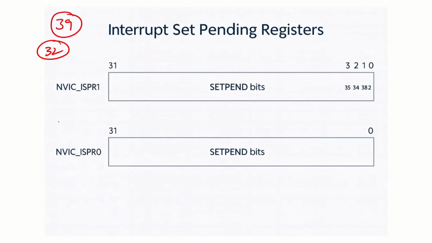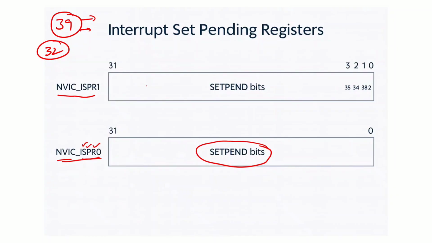Now see, this is NVIC ISPR0, interrupt set pending register 0. This will set the first 32 interrupts. Our IRQ number is 39, which means you can't configure this IRQ number in ISPR0. You have to come to NVIC ISPR1, because 39 is present in ISPR1.